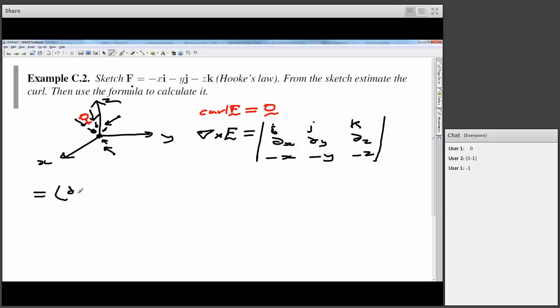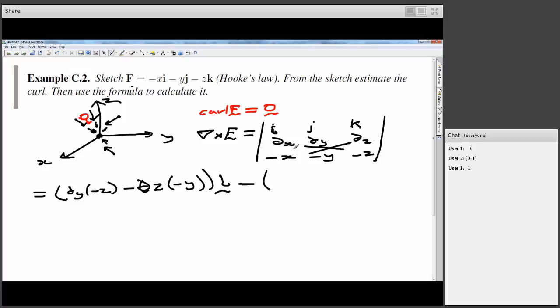So the partial derivative with respect to y of minus z, which is 0, minus the partial derivative with respect to z of minus y. That's the i component, just doing that cross product, that determinant. With j, it's a big minus sign. It doesn't matter so far, but it's important to remember it in general.